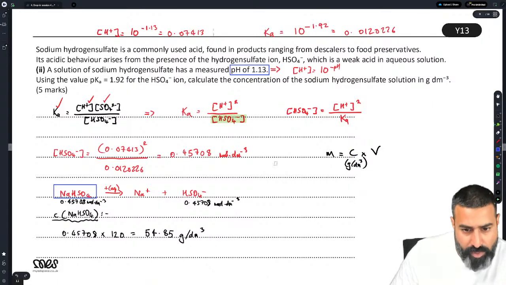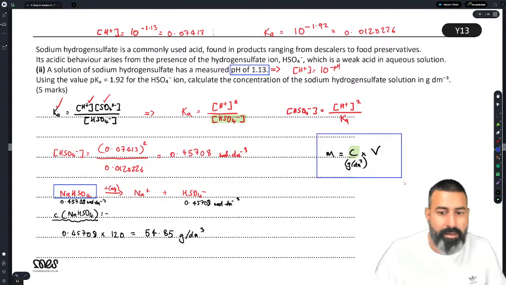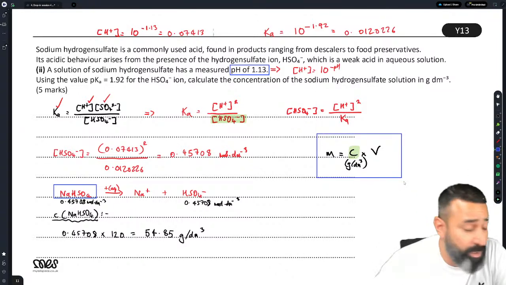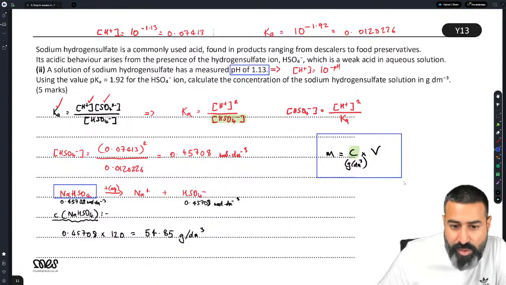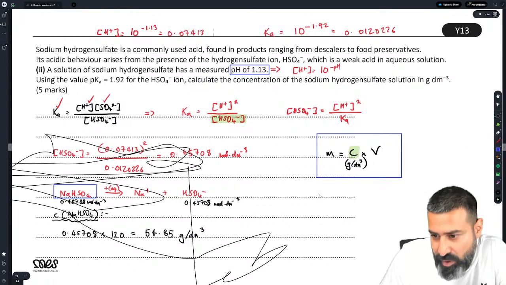I am trying to find the mass concentration, so I can't use that because I don't know the volume and I don't know the mass. But I do know the concentration in moles per decimeter cubed, okay?